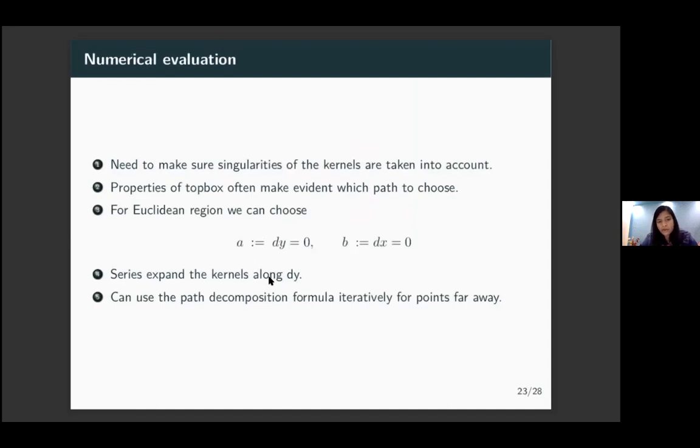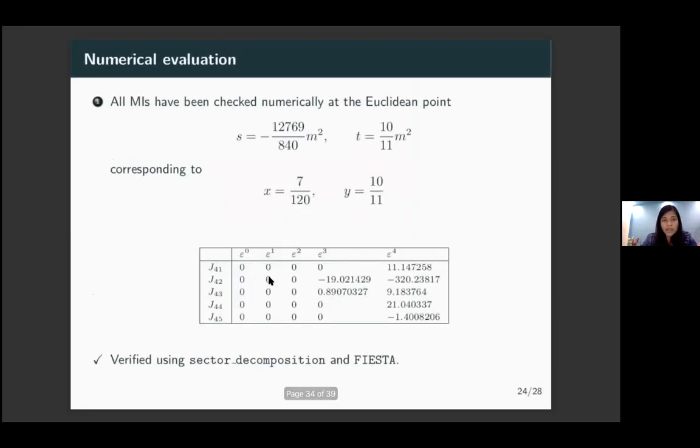So evaluating in the Euclidean region was really very simple. All the master integrals were checked numerically at this point, and they were verified using sector decomposition in FIESTA.